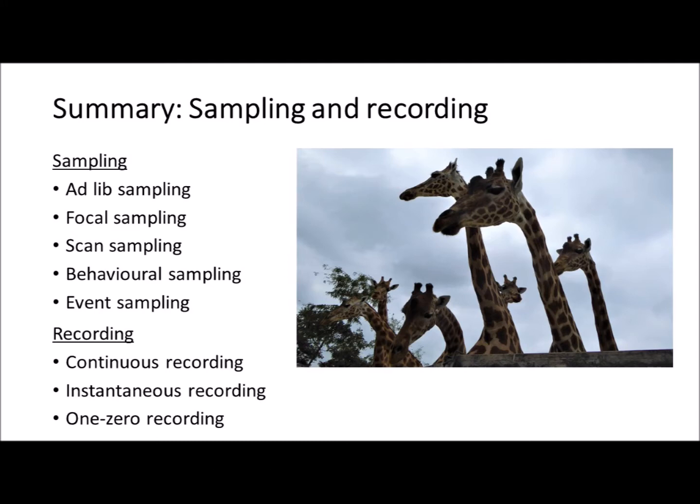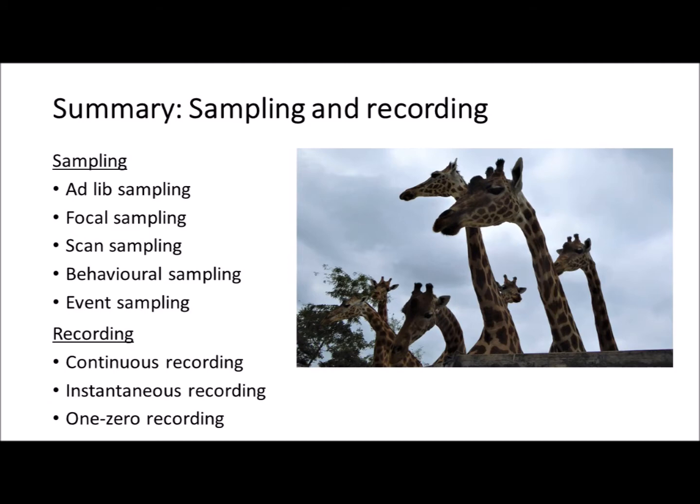Ad lib sampling is used to define your ethogram. You record everything that you see the animal doing, and then you go back and give descriptions and definitions. Focal sampling is when you follow the behaviours of a particular individual in a group. Scan sampling is where you look across the group and you count the number of individuals you see performing particular behaviours.